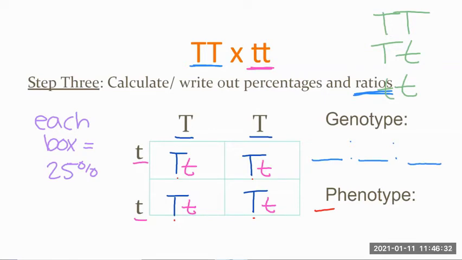Looking through your Punnett square, how many have a big T, or are homozygous dominant? 0. How many are heterozygous, so there's 1 of each? 4. And how many are homozygous recessive, meaning both small t's? None. So our ratio here is 0 to 4 to 0. Literally all of them are heterozygous.